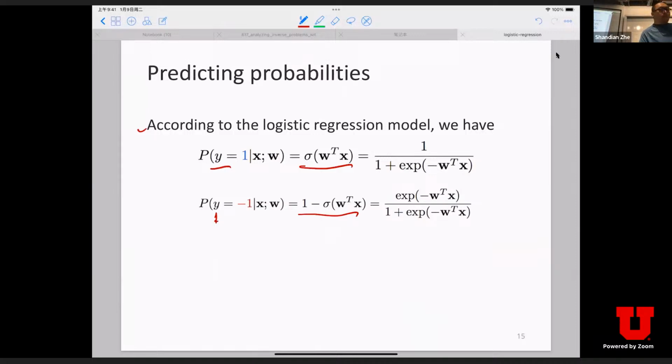Does it make sense? Remember, likelihood just models the probability you see this data point.